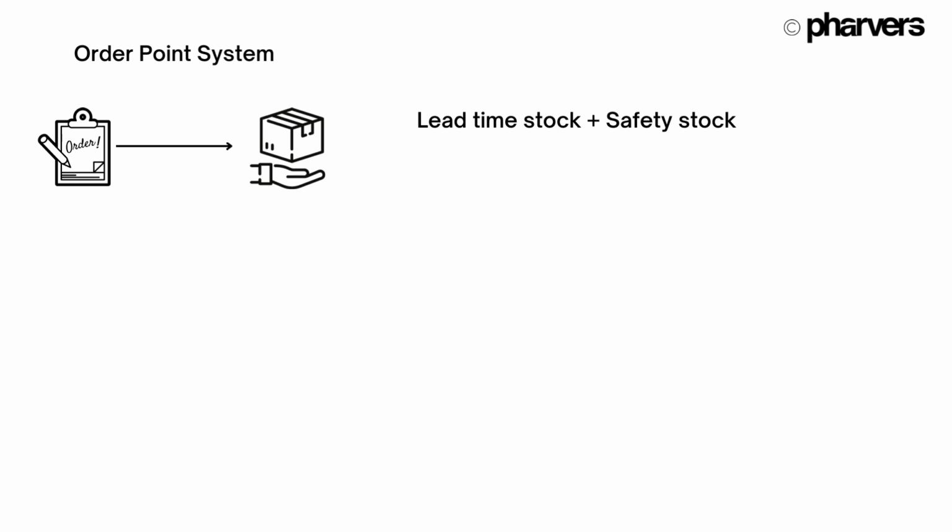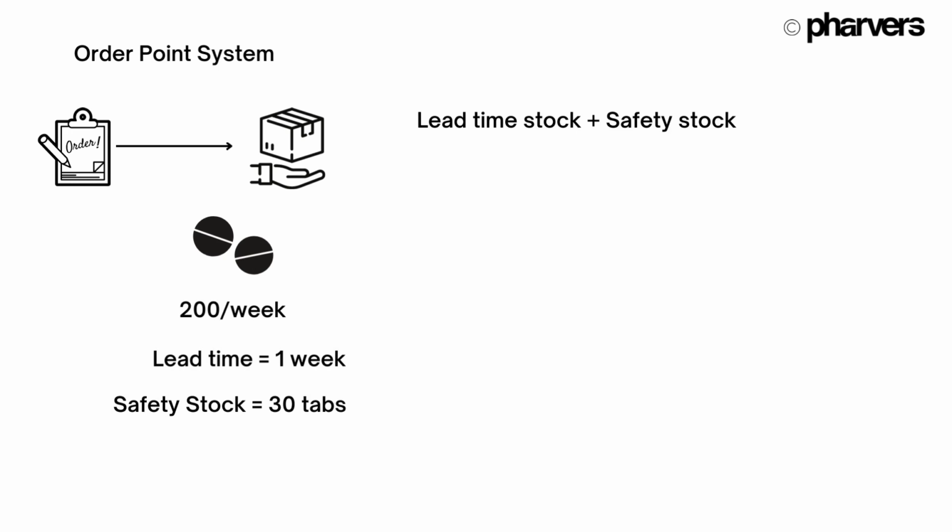For example, if typically the demand for paracetamol is 200 tablets a week and your lead time is 1 week, assuming you establish a safety stock level of 30 tablets, your order point will be at 230 tablets. That is 200 plus 30.